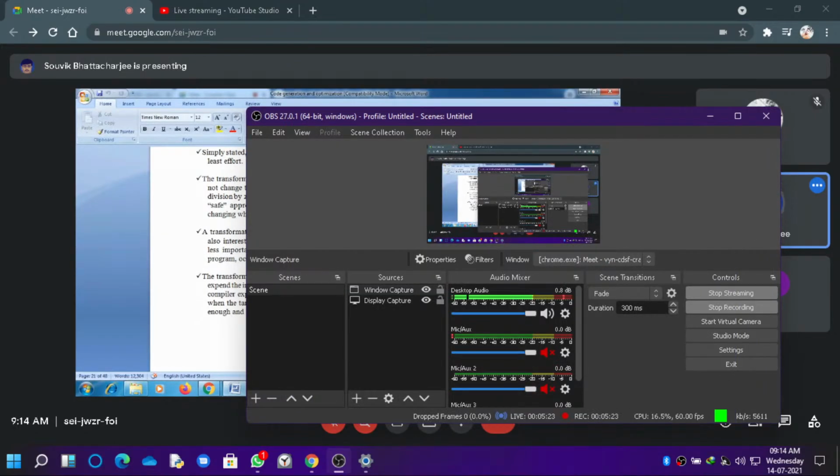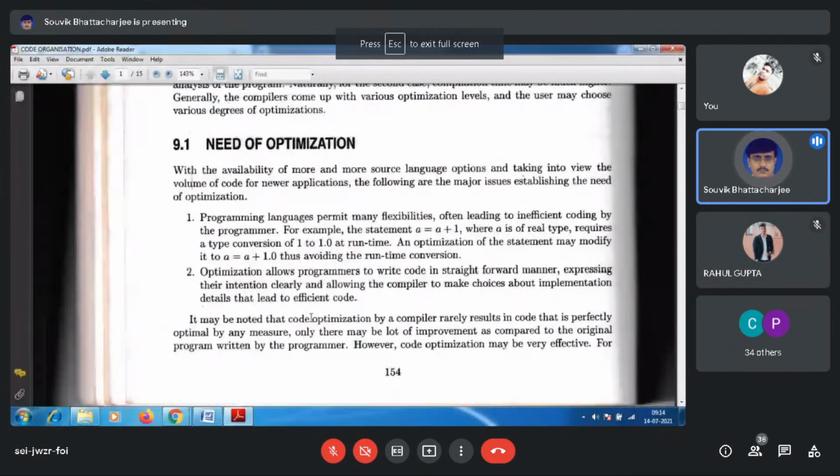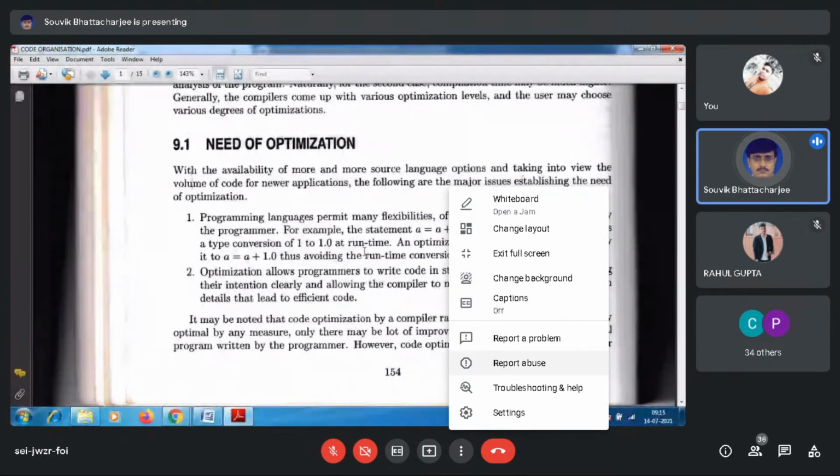With some examples, you can see the need for optimization. This is also basically what we have discussed. Suppose, need for optimization, first one, basic idea: the programming language permits many flexibilities, often leading to inefficient code by the programmer.